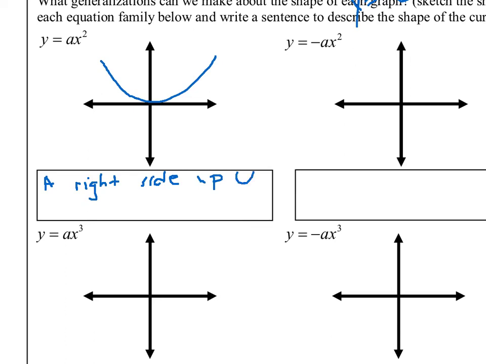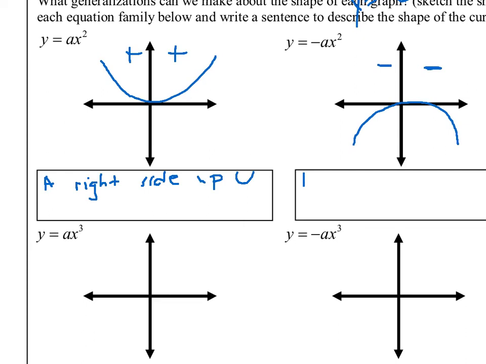So if you remember that it's a U, one other way to remember it is if it's got a positive, it makes a nice happy smiley face. Whereas if it's a negative, it makes a sad smiley face. It wouldn't really be much of a smiley face, it would just be a sad face.